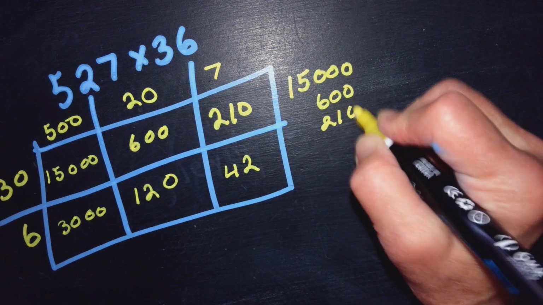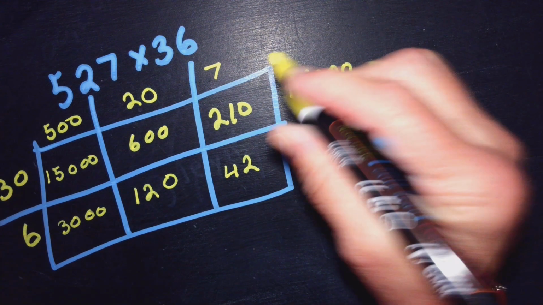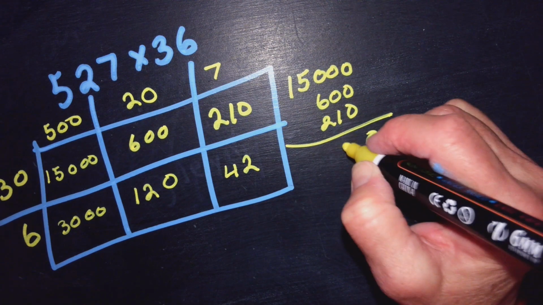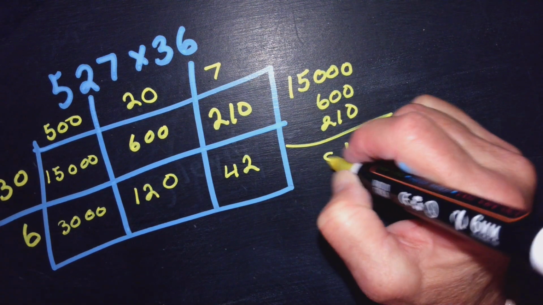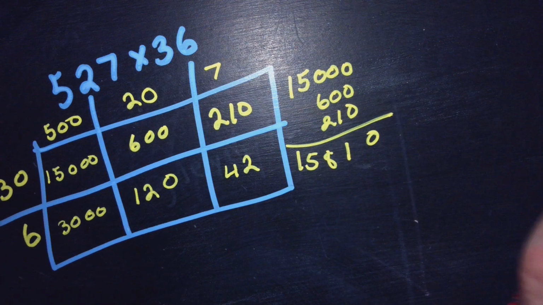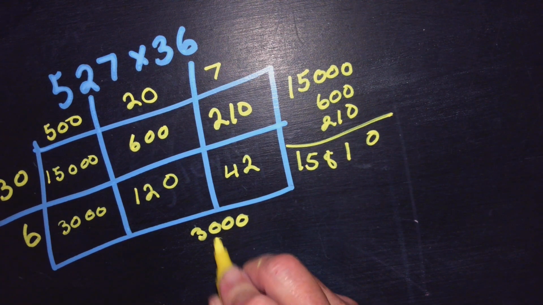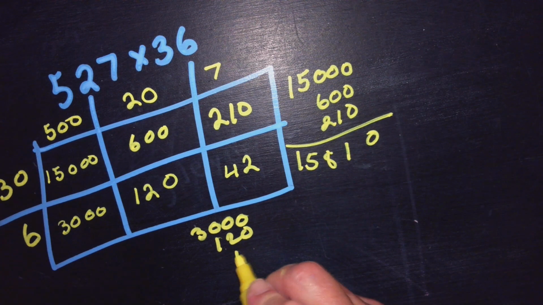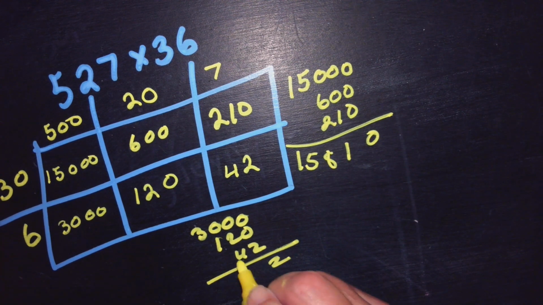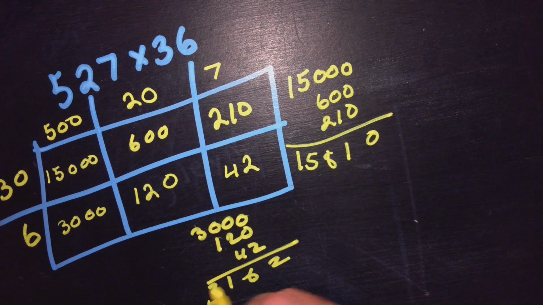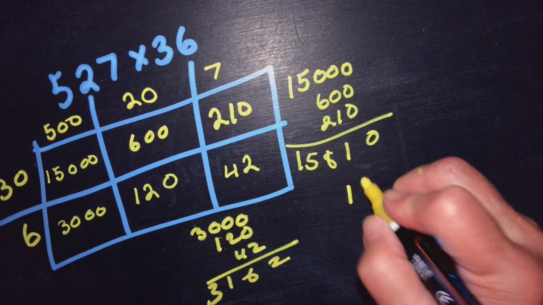And the next number is 210. You can add that column up first if you want. 6 plus 2 is 8, 5, 1. And then I can add 3,000 plus 120 plus 42. Get that number, and then I can combine the two.